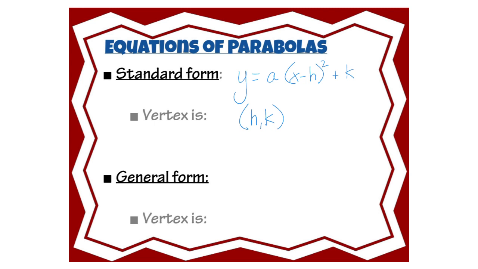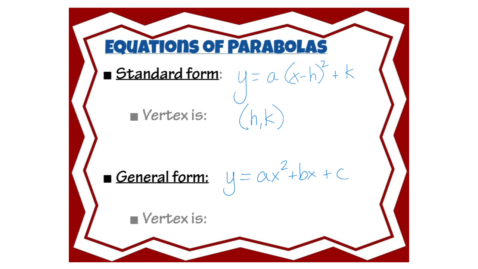Okay, general form is more like something that we would be factoring, and it looks like this. There are no parentheses in it. It's kind of cleaned up: ax squared plus bx plus c. When it is in this form, you can still find the vertex. There's a formula to find that, and it actually comes from completing the square.